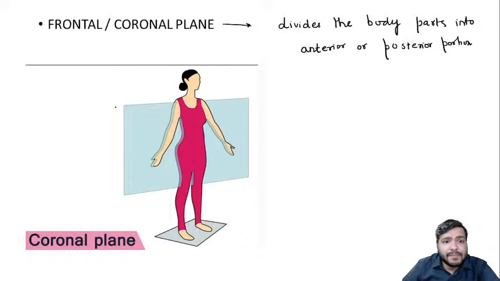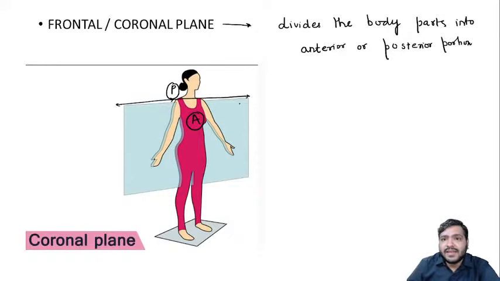It is passing in such a manner that the anterior part, in the normal anatomical position, and the posterior part are separated. That is a coronal plane or the frontal plane. So ultimately the body is divided into anterior and posterior portions by the frontal or the coronal plane.